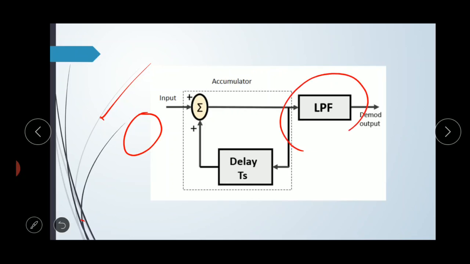Then the low pass filter. The low pass filter has the cutoff frequency equal to the highest frequency in the modulating signal. This low pass filter smoothens the staircase signal to reconstruct original message signal, that is x of t.